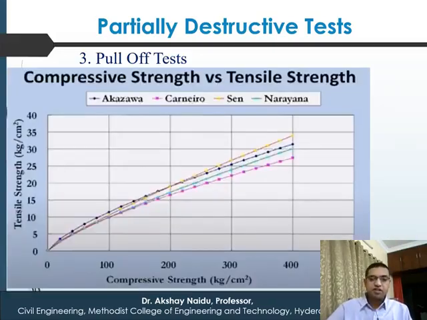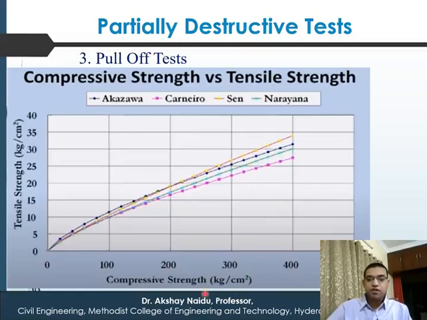Now there are correlations between the tensile strength thus obtained and the compressive strength of the concrete. For example, 25 kg per centimeter square will lead to 30 kg per centimeter square strength.